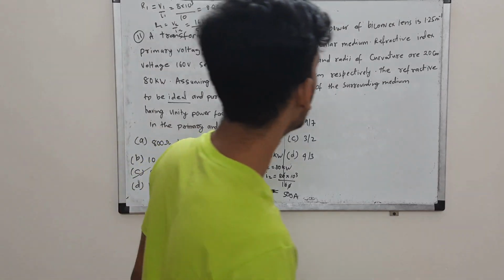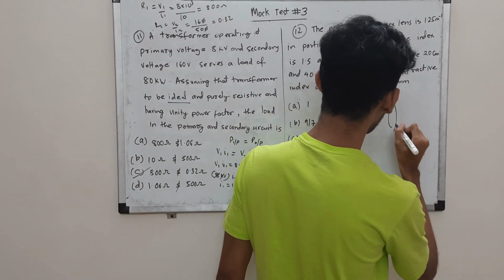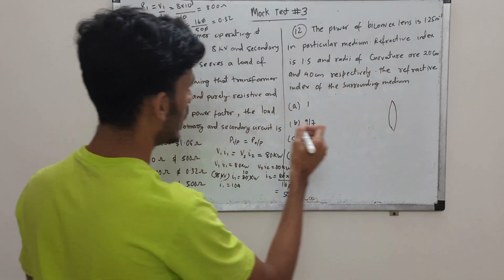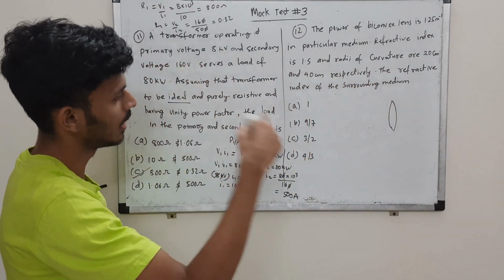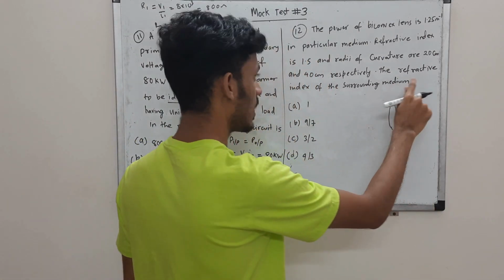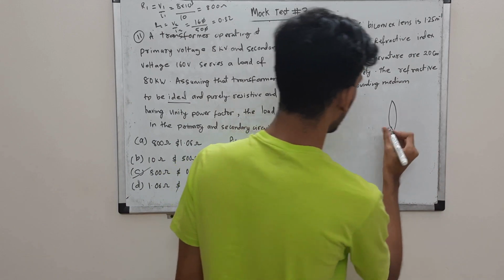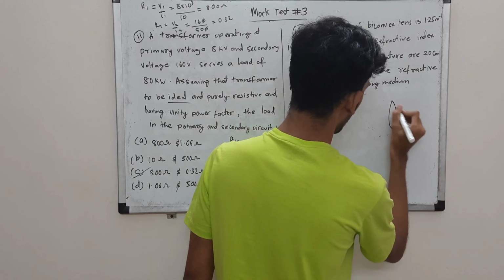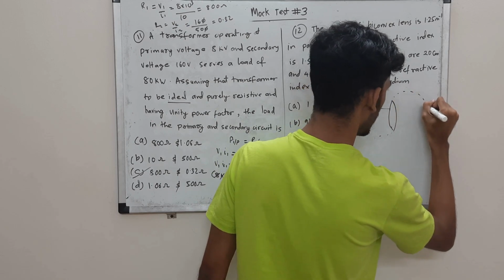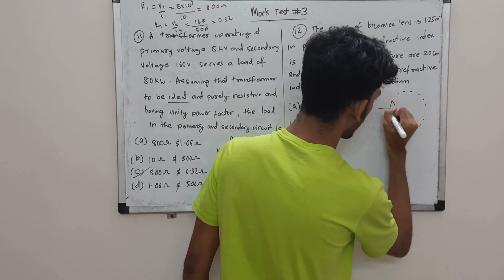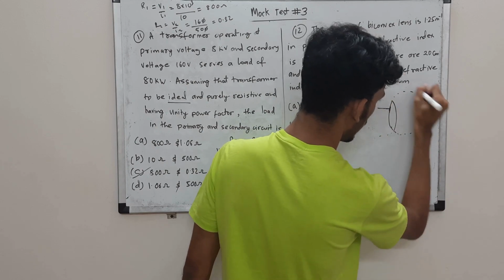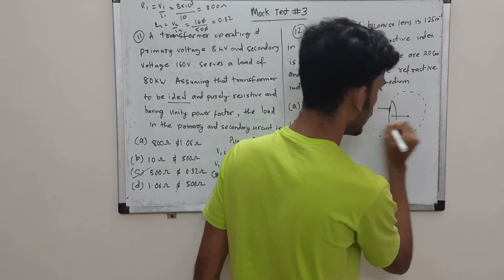Let's come to this one. Here we have a biconvex lens, its power is given. Then the refractive index of that lens is also given. You are supposed to tell what is the refractive index of the surrounding medium, and it's given that R1 and R2. First of all, R1 will be of this surface. The incident ray will be incident on this surface first, so R1 is for this surface, and the radius will be in this direction.